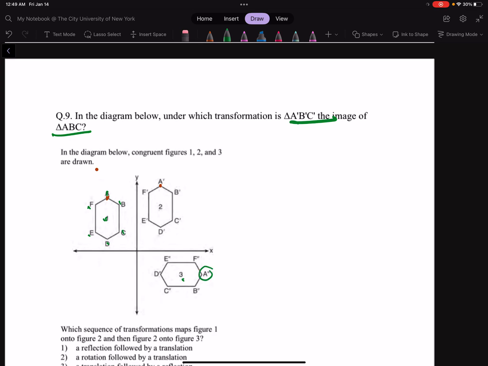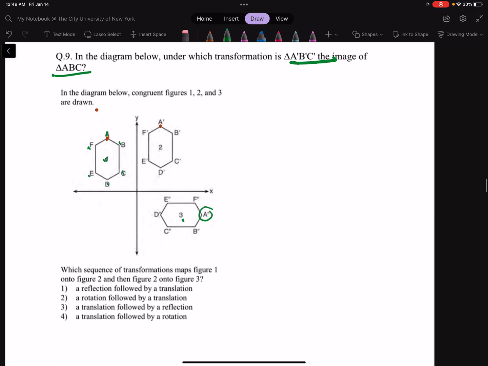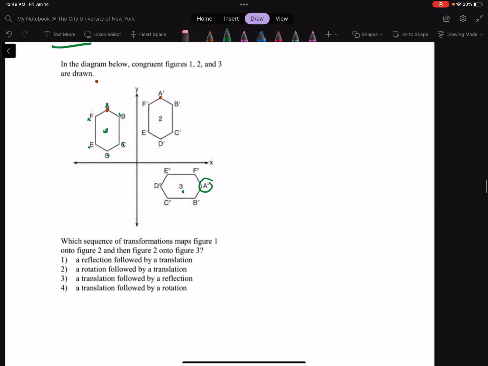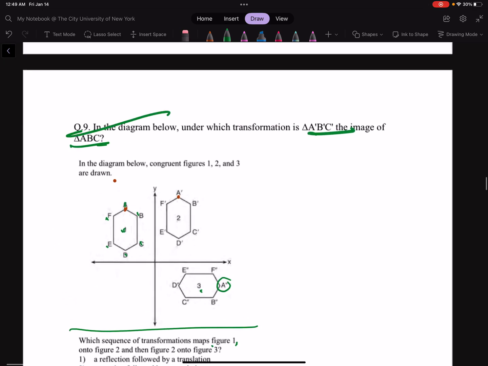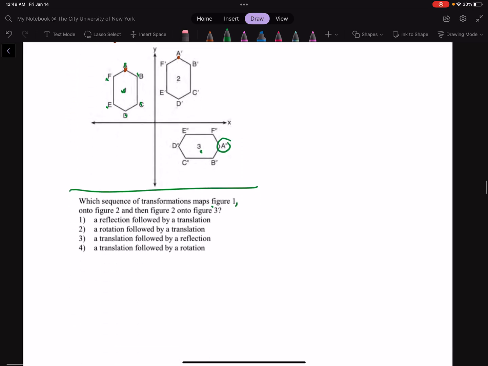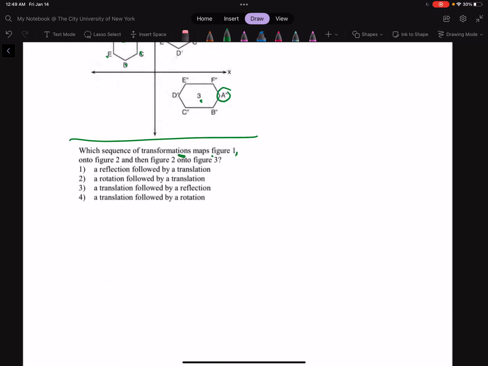Okay. So first, let's see what happens. The question is: which sequence of transformations maps figure 1 onto figure 2 and then figure 2 onto figure 3?